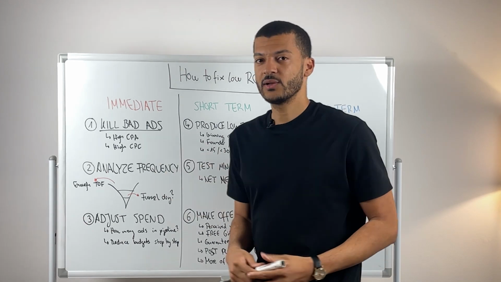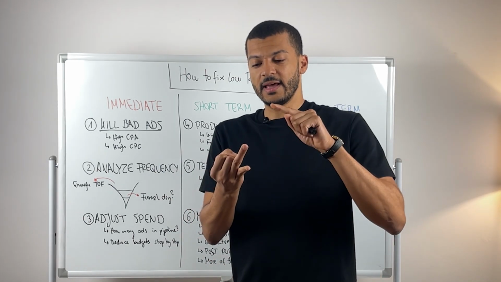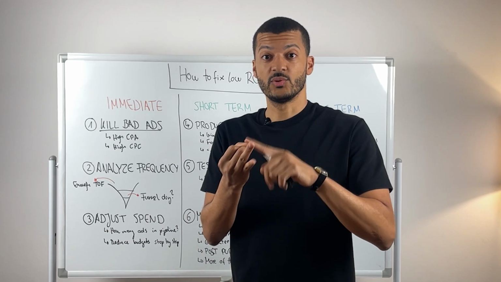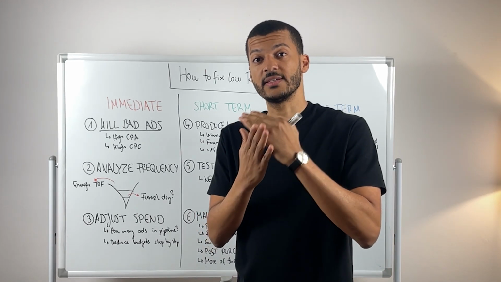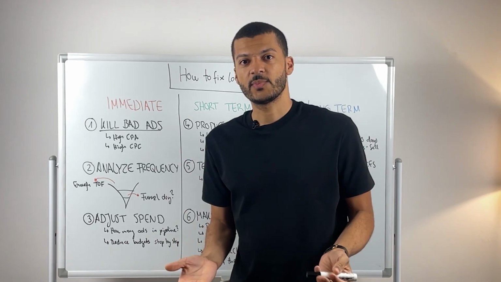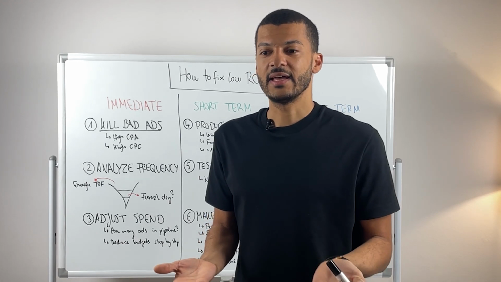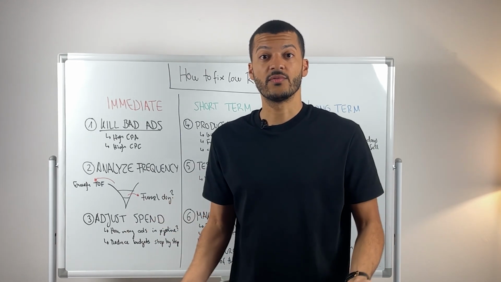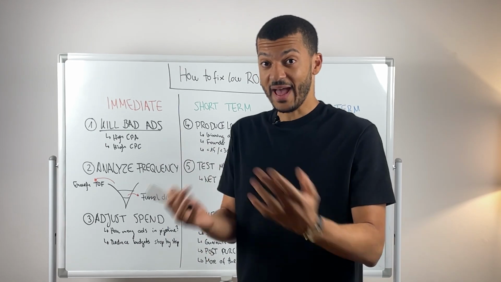So the first thing that I looked at: do we have any ads that we're spending money on that are not performing to our standards, meaning they're not hitting our target CPA? So then I found an ad set that spent like $600 in the last 7 days and basically had no conversions. So this is just bad spend.